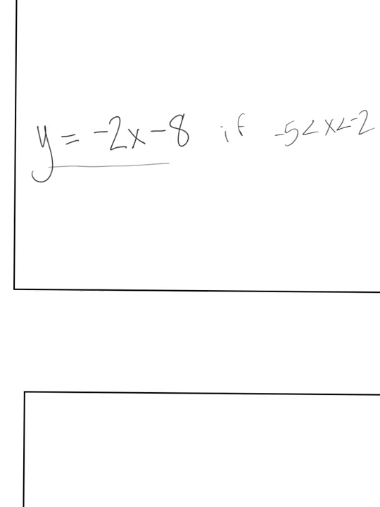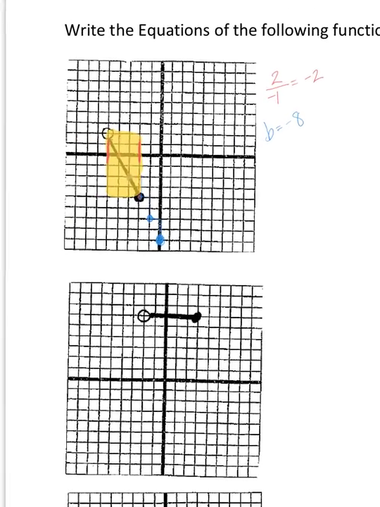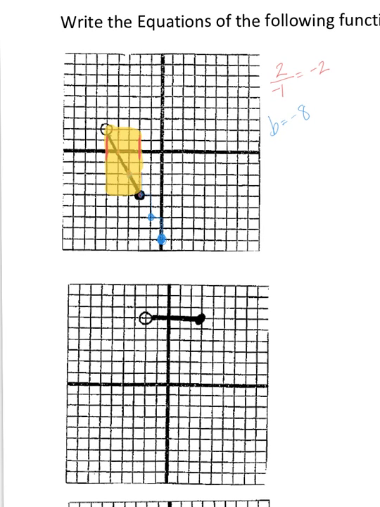Last but not least, before I leave this answer as is, I want to take a look at what kind of dots I have going on over here. Remember that an open dot is represented by a less than or greater than sign, whereas a closed dot is represented by a less than or equal to or a greater than or equal to sign.